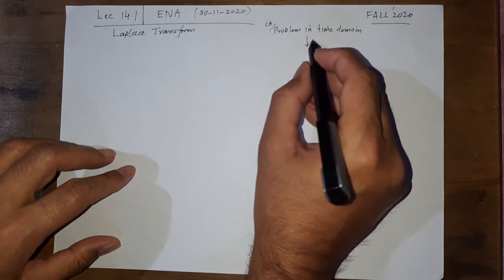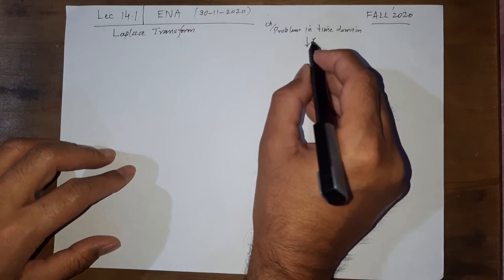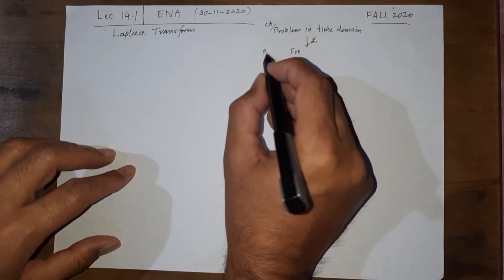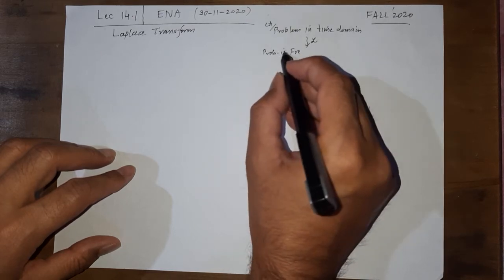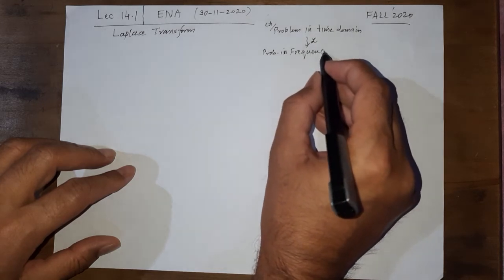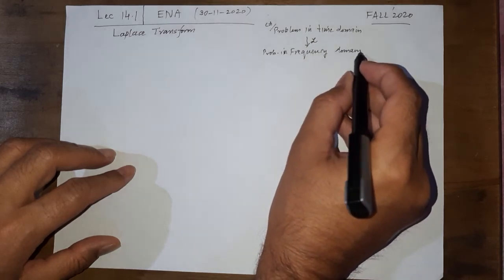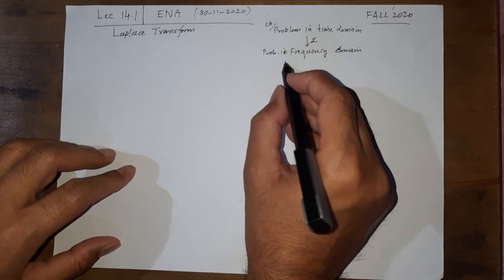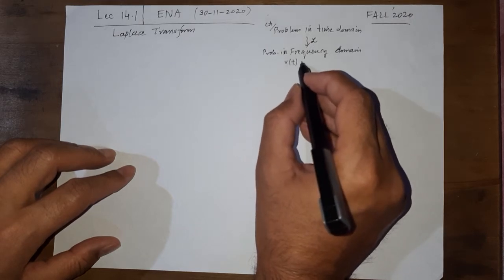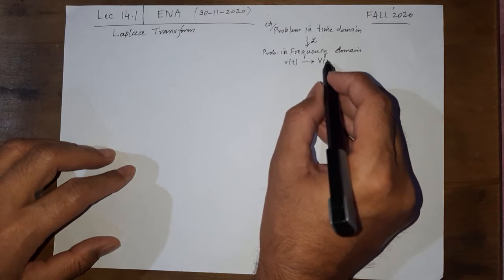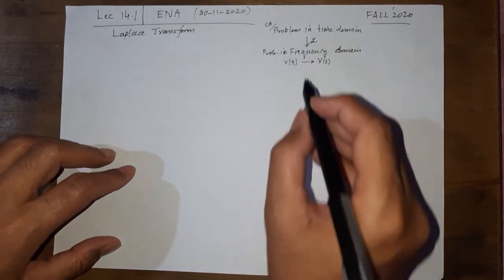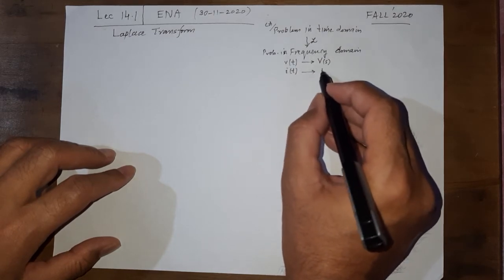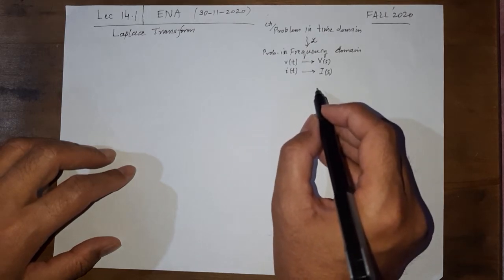We convert it to the frequency domain by the application of the transform. So the problem is converted in frequency domain, and when we do this conversion, basically we convert each voltage mentioned in the original circuit to its equivalent Laplace transform expression. We convert all the currents that we encounter to their equivalent Laplace transform.